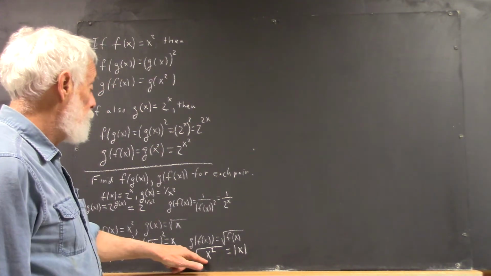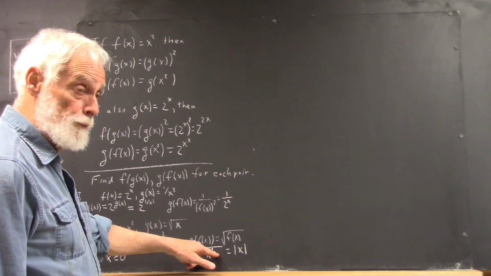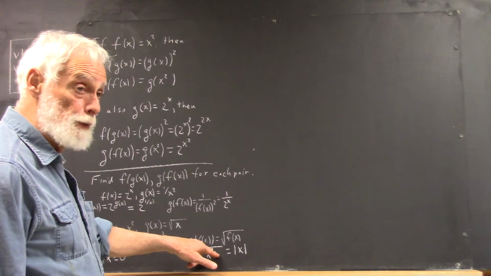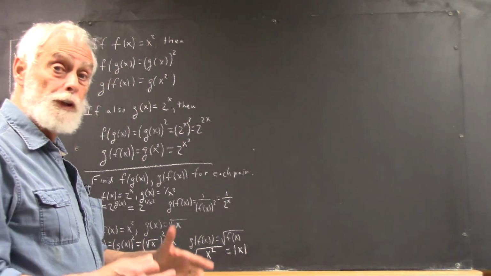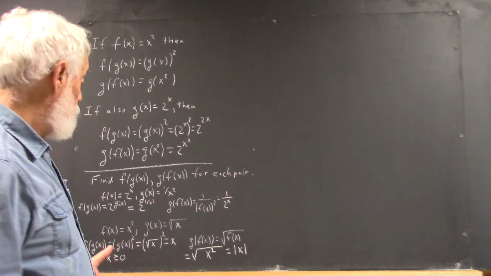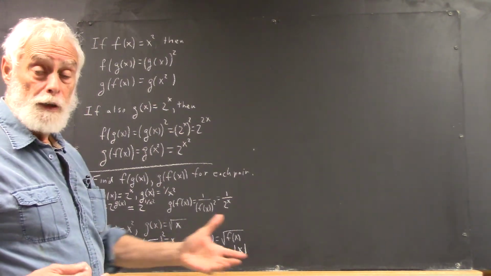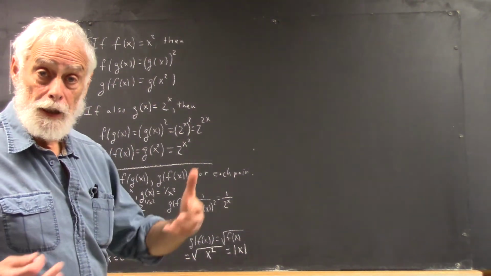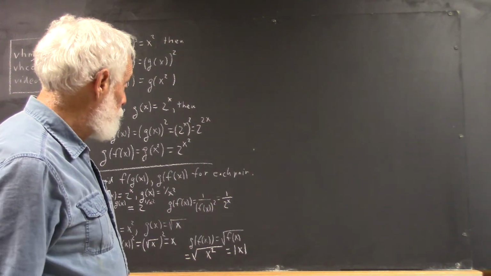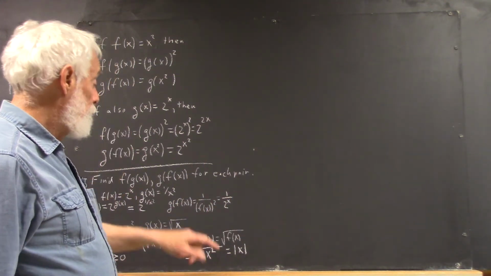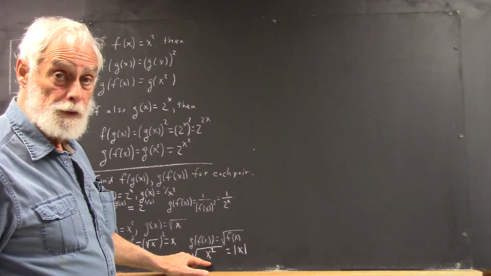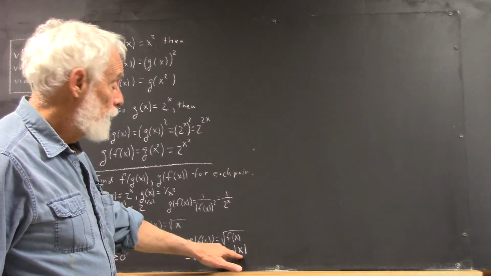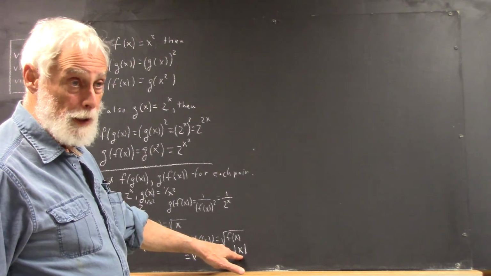So you're always going to have the square root of x squared, but the square root of x squared is not always equal to x because x might be negative. If x is negative 5, then x squared is 25 and the square root is 5, not negative 5. So if x is a negative number, the square root of x squared is not equal to x, is it? It's equal to the absolute value of x, the magnitude of x.